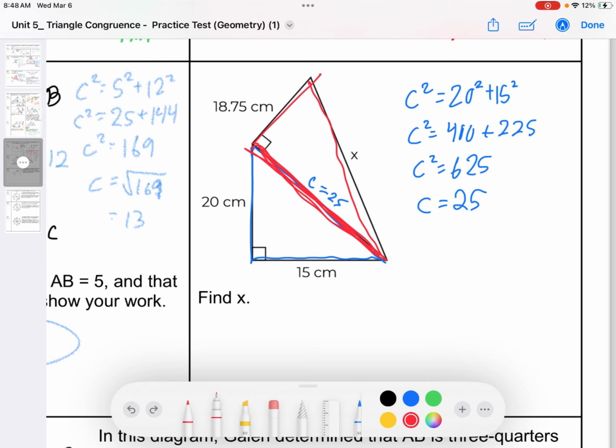So we'll do x squared, because that's x instead of c. Well, what is that? That's 18.75 squared plus 25 squared.